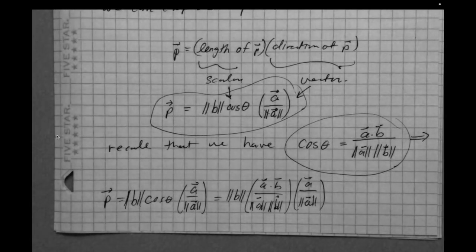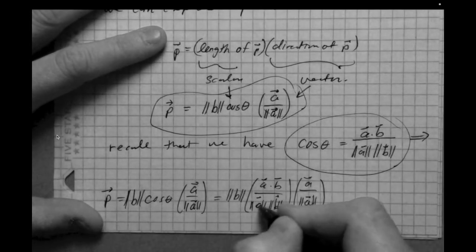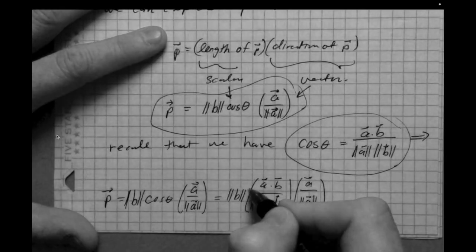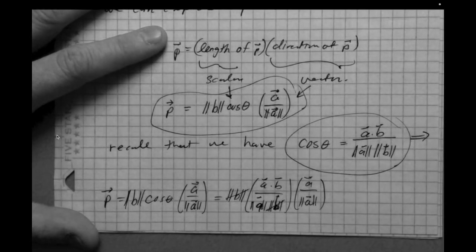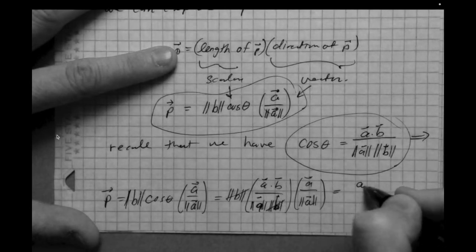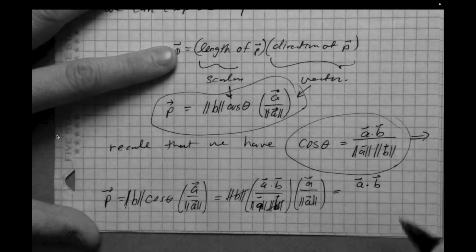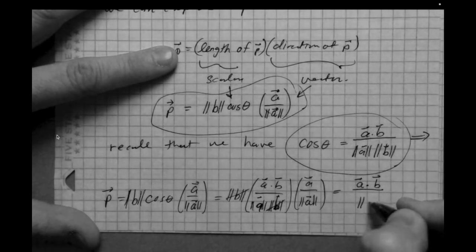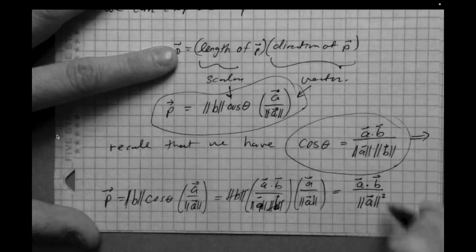Now what happens? Notice this is an A, this is a B. The B's are going to cancel. And so I've got A dot B divided by the norm of A times the norm of A, which is the norm of A squared.